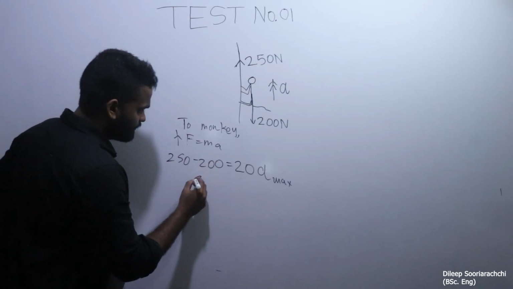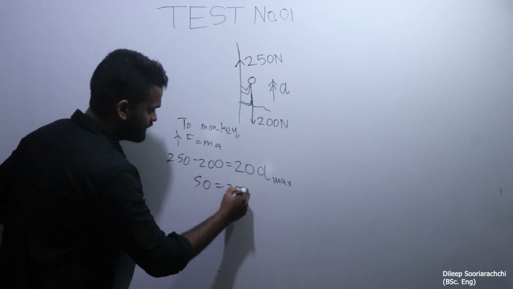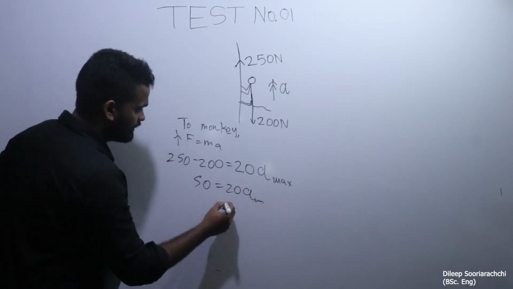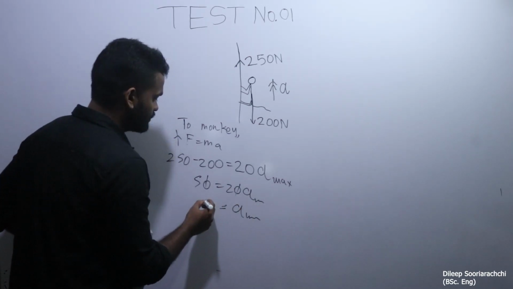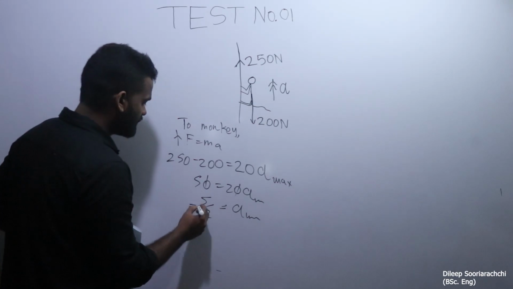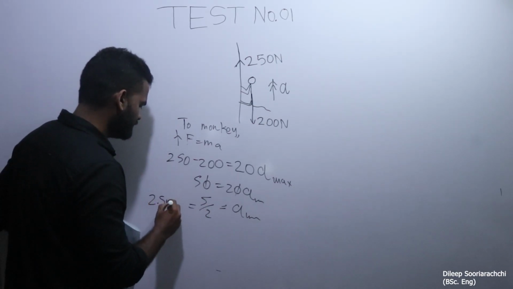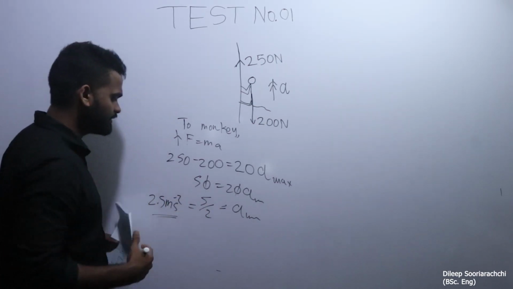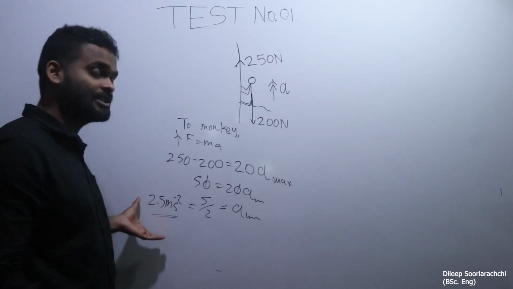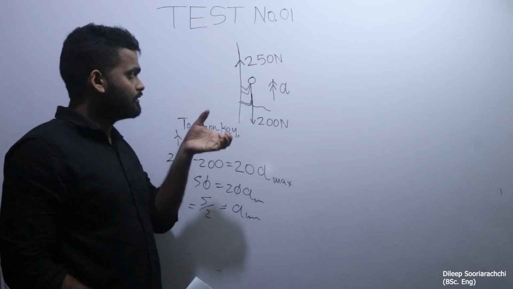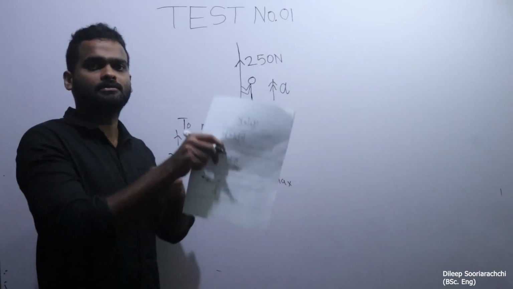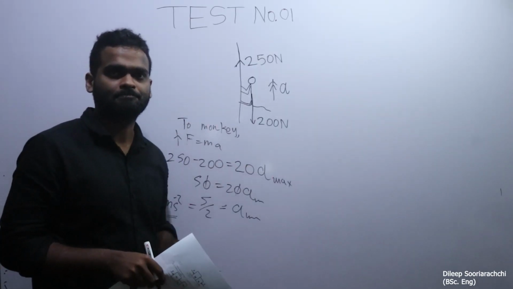So this is 50 equals 20a. The zeros cancel off. Then a max is 5/2, which is equal to 2.5 meters per square second. So this is the maximum acceleration that the monkey can move along the rope, holding on to it.